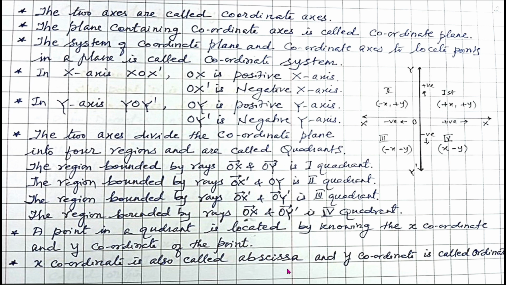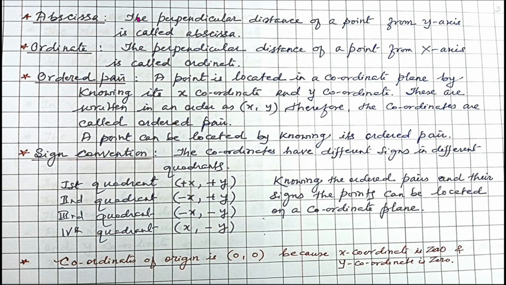The x coordinate is also called the abscissa and the y coordinate is also called the ordinate. What is this abscissa? It is the perpendicular distance of a point from the y-axis, and ordinate is the perpendicular distance of a point from the x-axis. Remember this, very important.